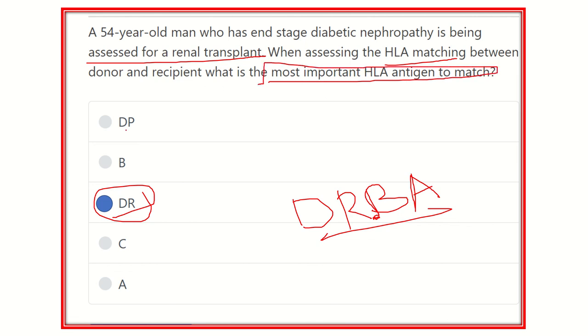The options included DP, B, DR, C and A, and we know that A, C and B are included in HLA class 1 antigens. On the other hand, those which start with D, such as DP, DQ and DR, are included in HLA class 2. So our final answer, the most important HLA antigen to match, is DR.